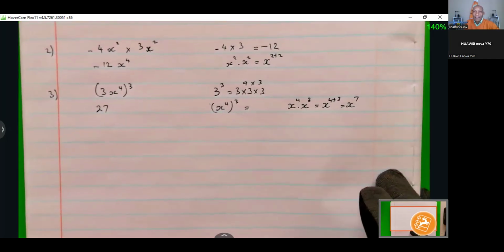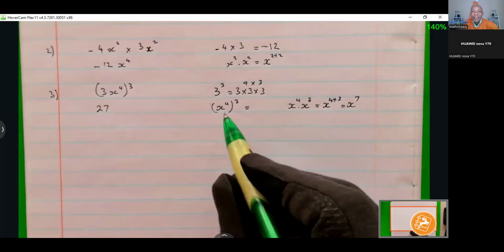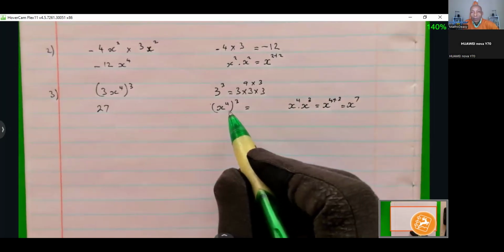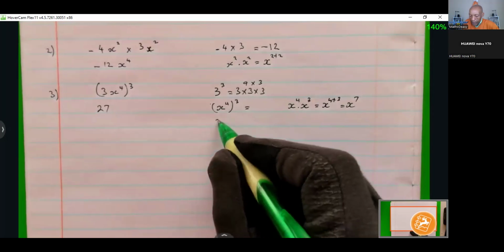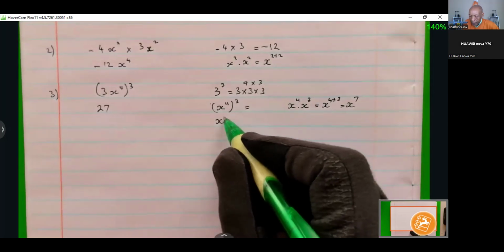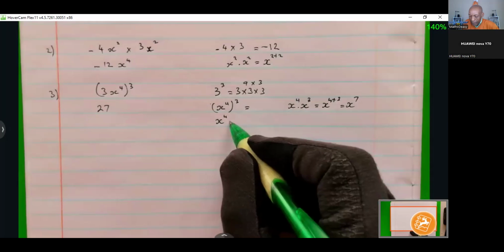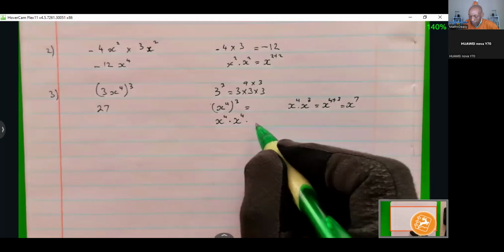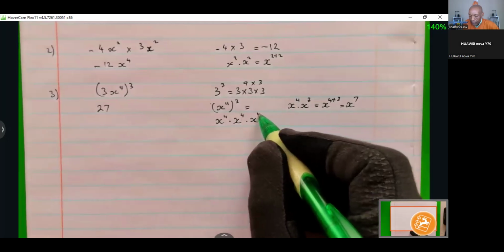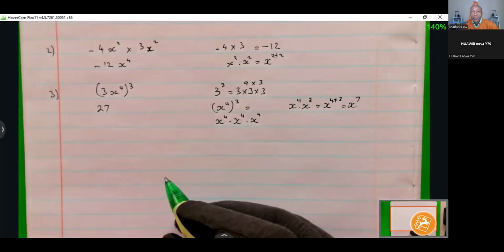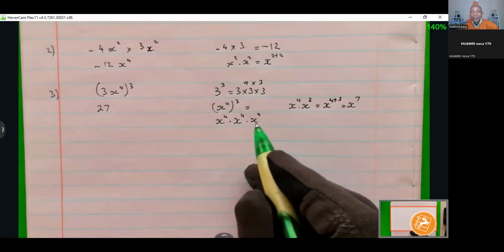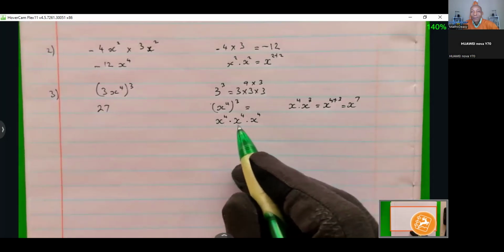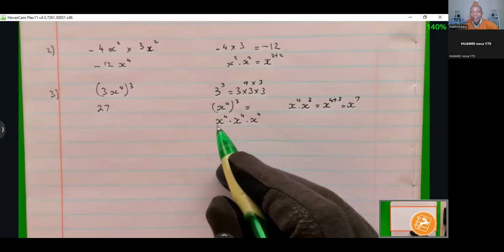But in this instance, what does this tell me? It tells me that there's x to the 4 multiplied by another x to the 4 multiplied by another x to the 4. So how many factors are these? 3. It's 3.